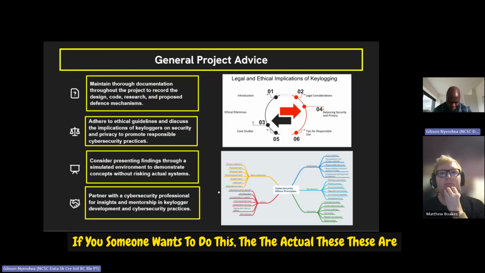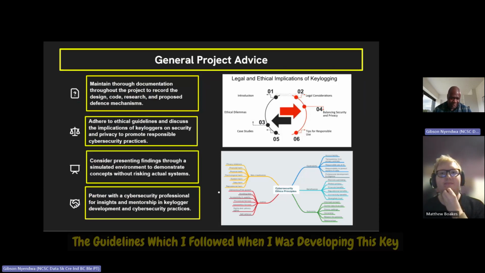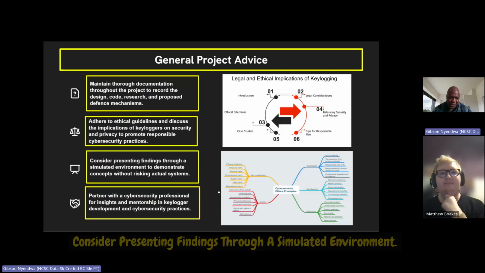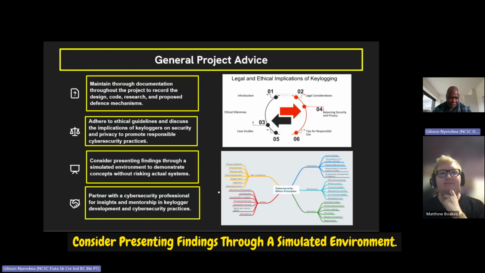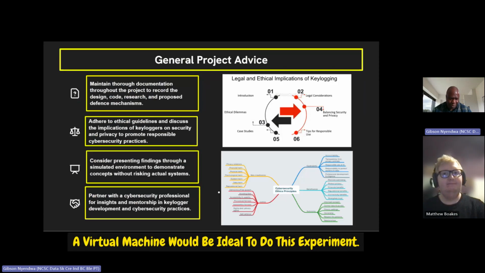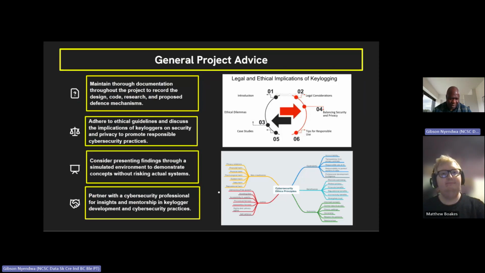The next slide just talks about the general project advice. If someone was to do this, these are the guidelines which I followed when I was developing this keylogger presentation. Consider presenting findings through a simulated environment. Like I mentioned earlier on, a virtual machine would be ideal to do this experiment.